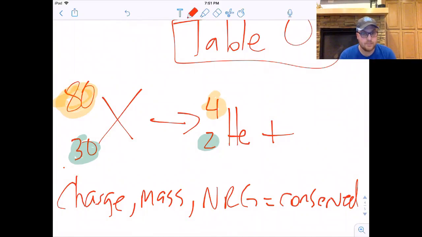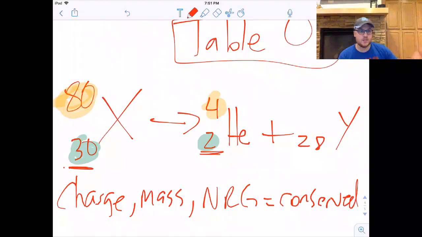So what's missing on the right side? Here we have a 30. There's a 2. What plus 2 is 30? 28. So X decays into element Y, and Y is 28. And then the mass: it's 80 over here, and it's 4 on the other side of the arrow.